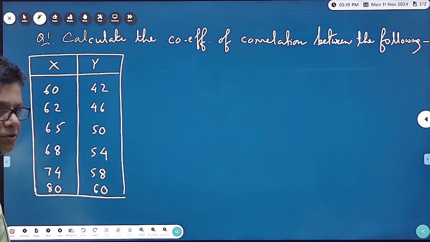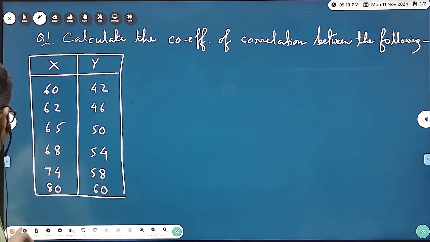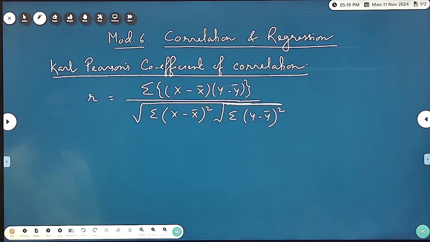Okay, you have joined just now. You write this formula: coefficient of correlation and regression. This is what we are going to start now.